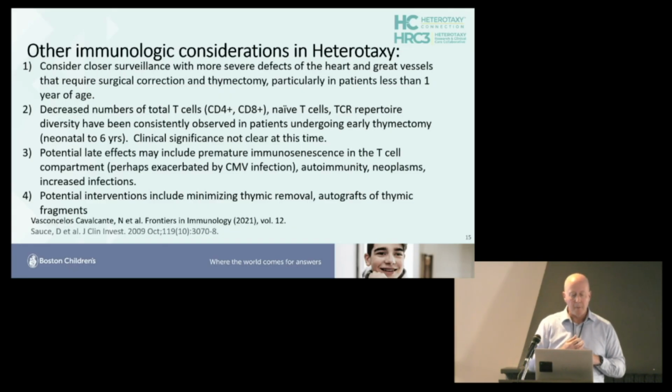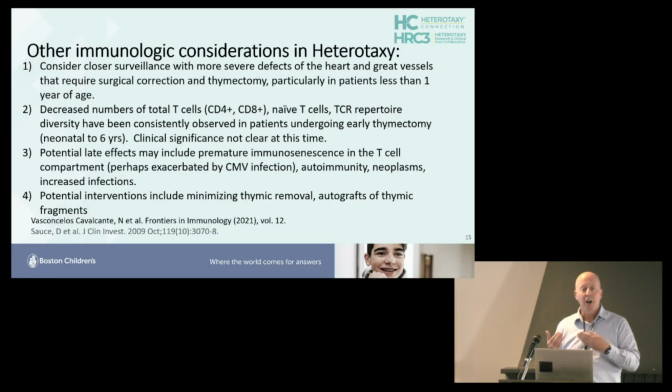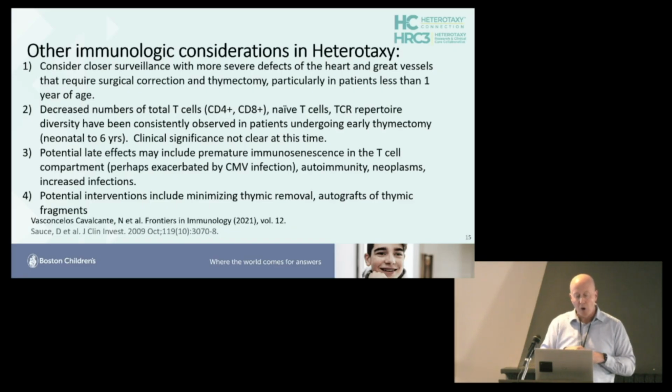What we've observed is that for patients who have undergone heart surgery, particularly early in life, the thymus overlies the heart, and the thymus is a site where T cells, once they exit the bone marrow, go to get educated in terms of self versus non-self. So with heart surgery, particularly early in life, you remove a lot of that important organ.